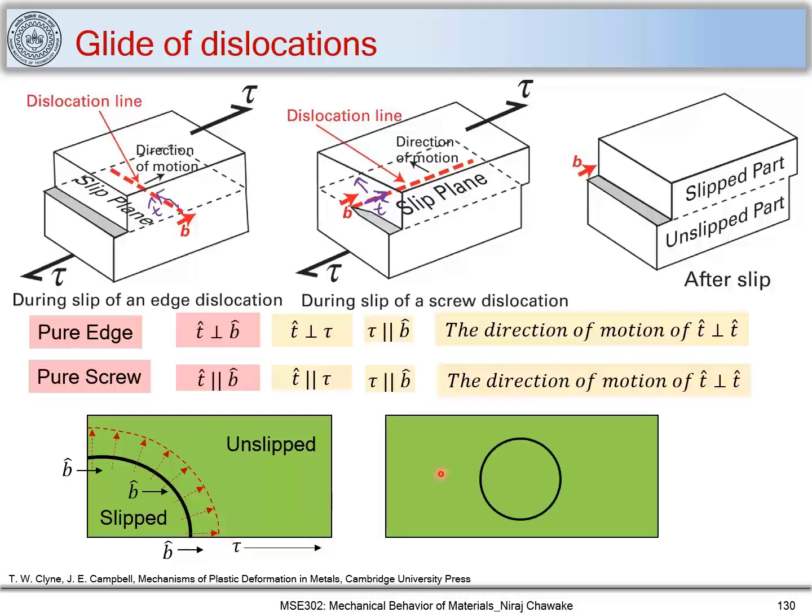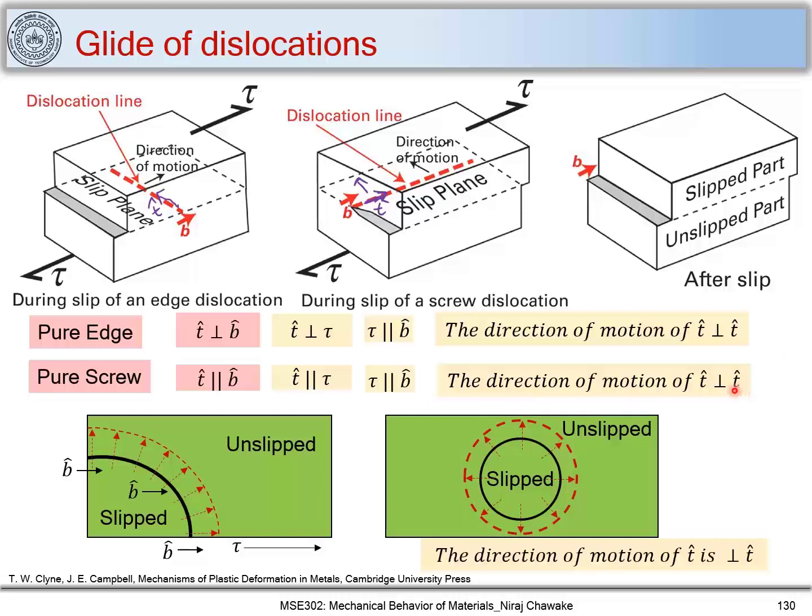Similarly, if I consider a loop, which also gives me a slipped and unslipped region, the t vector changes at every position, and the direction of motion of this dislocation line will be perpendicular to the t vector. So it will move in this fashion, marked by these arrows, perpendicular to its t vector.